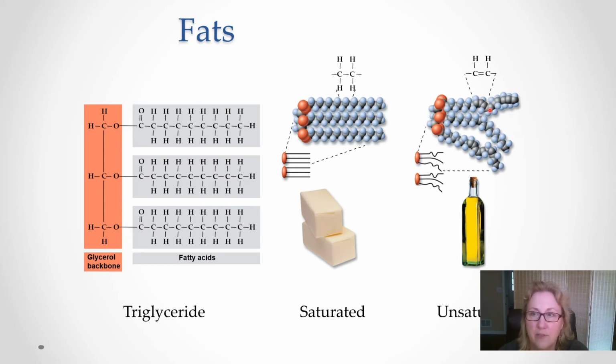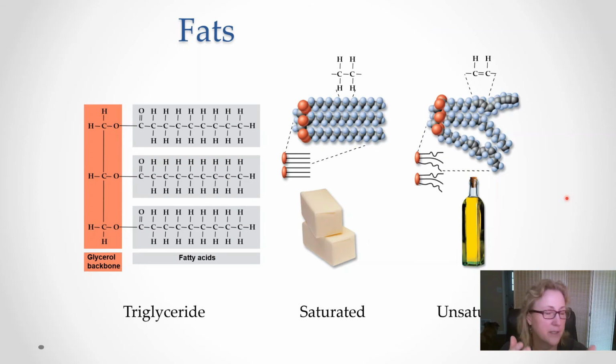And if the fatty acids have a lot of double bonds, that pushes those fatty acids further apart and makes it more liquidy. So if you have something that's solid at room temperature like butter, that tells you that there's less unsaturated fats and more saturated fats.